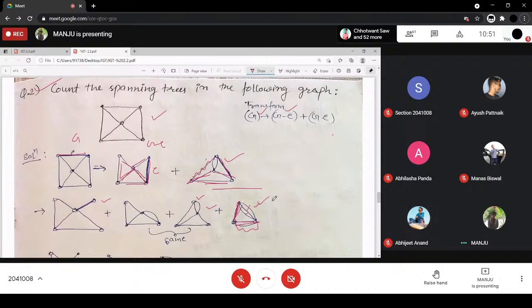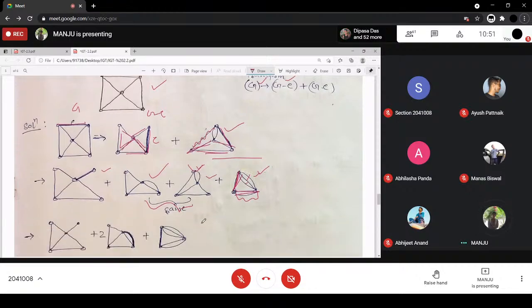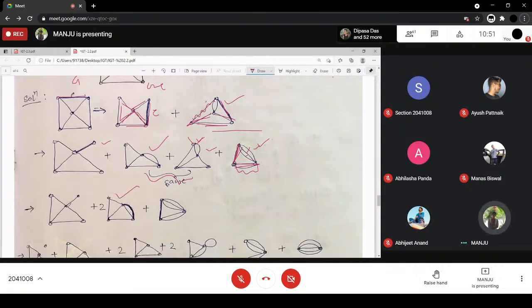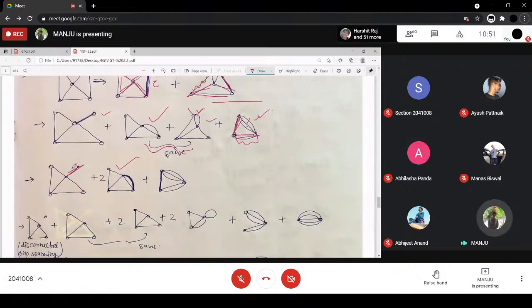So these two are isomorphic. You can take it as twice of one graph only. For this graph, you take this edge, subtract it and contract it. If you subtract it, you will get a disconnected graph, and a disconnected graph does not have any spanning tree.